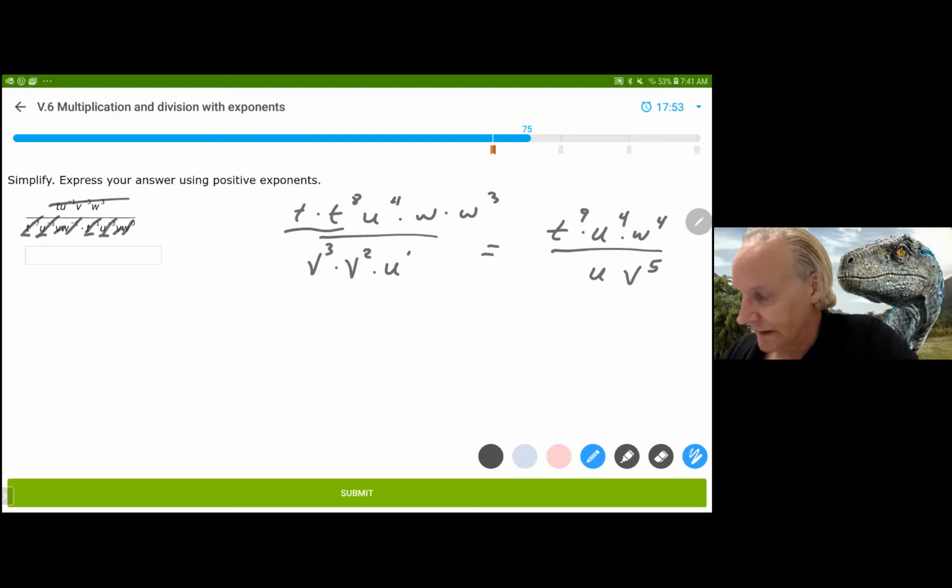Well, the only things that cancel is the u and the u to the 4th, which gives me u to the 3rd. So I'm done. I've got s, t, u, v, w, yep, and they're in alphabetical order. T to the 9th, u to the 3rd, w to the 4th, over v to the 5th.